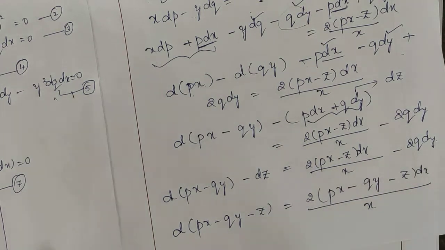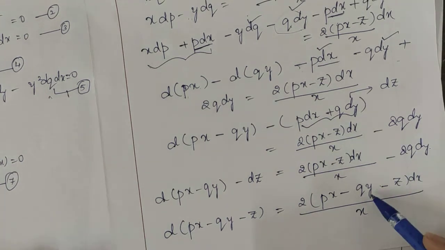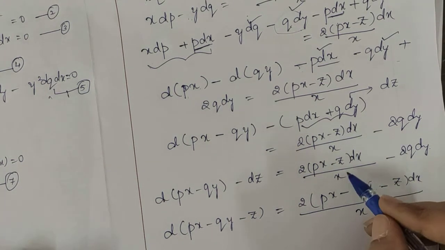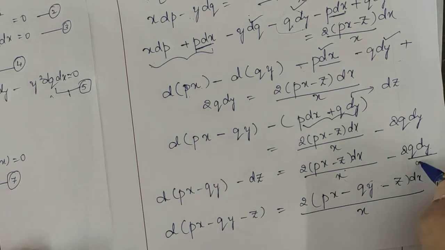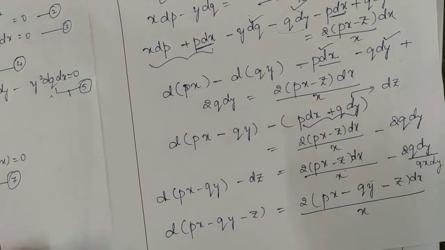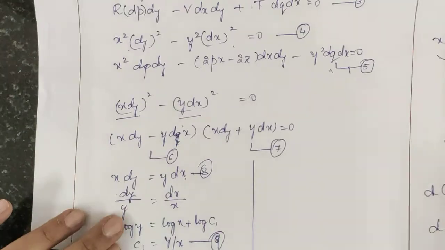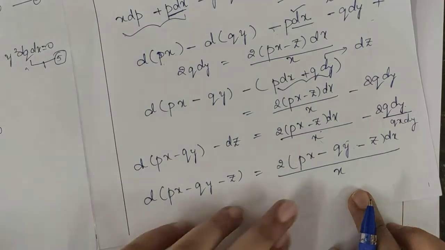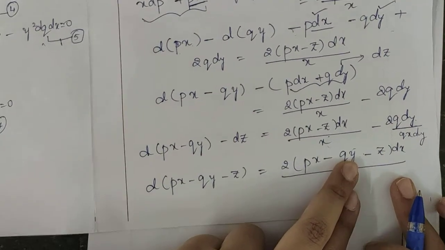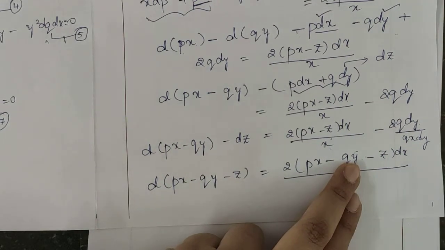Okay. Why I am getting y here means you will take LCM, right? If you take LCM, this will become q into x into dy. Again, using equation number 8, what is x into dy? It is y into dx. So this y is coming from your equation number 8.